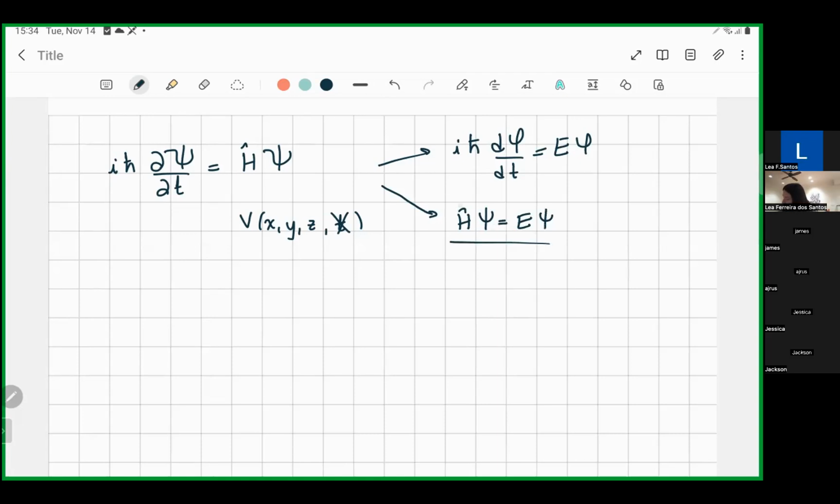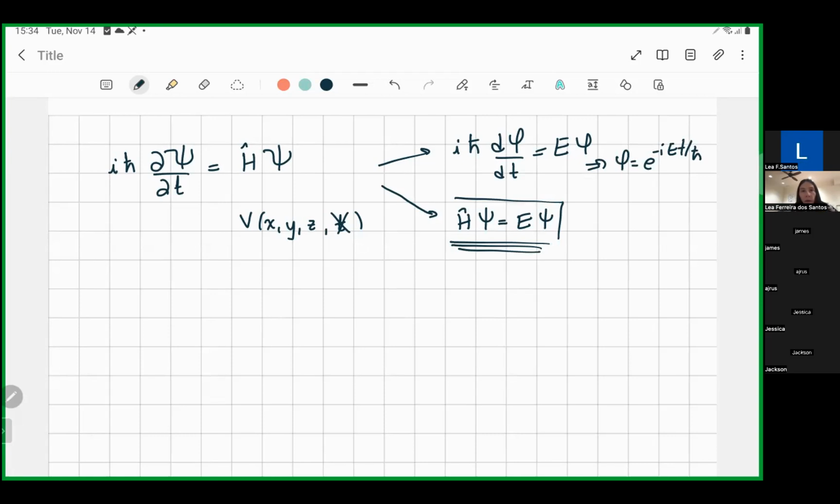To solve this one, we need a potential. The top one is the easy one to solve, the one that gives us the time dependence, the exponential in time. So our goal is to solve this equation here, the time-independent Schrödinger's equation.